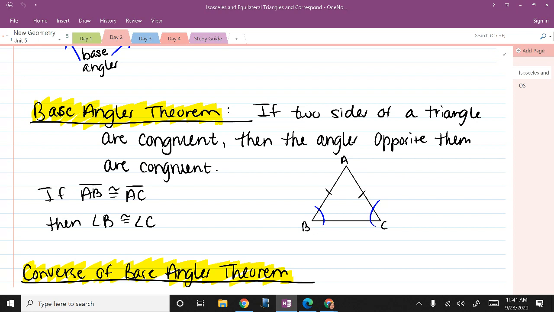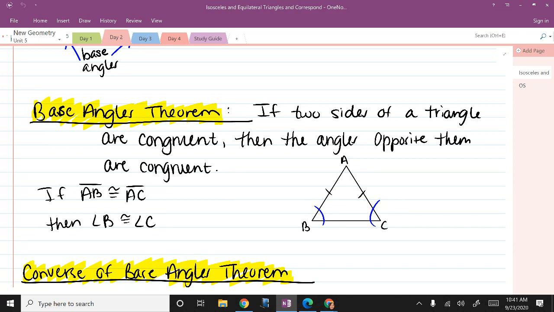So if two sides of a triangle are congruent, we know it's what kind of triangle? Isosceles. So isosceles means that the two sides are congruent, but the base angles theorem is also telling us that the base angles are congruent. So if we have an isosceles triangle, we know a lot of things. We know that two sides are congruent, and we know that two angles are congruent.